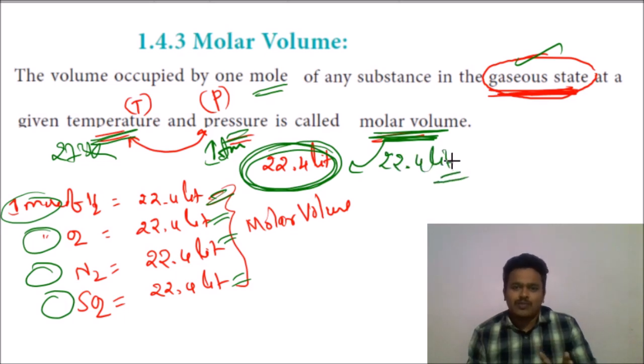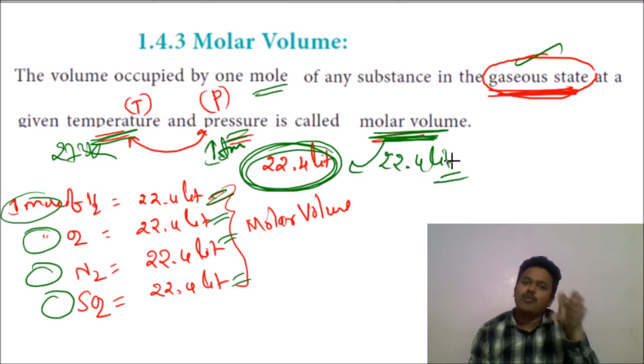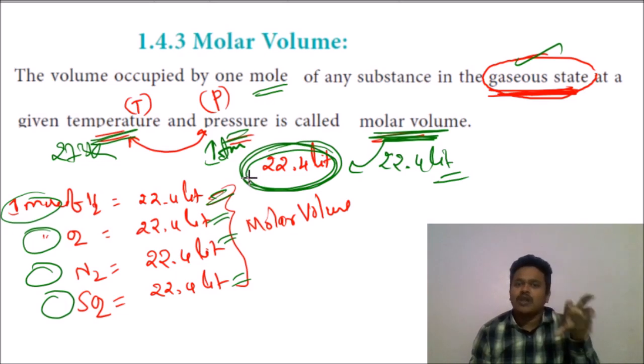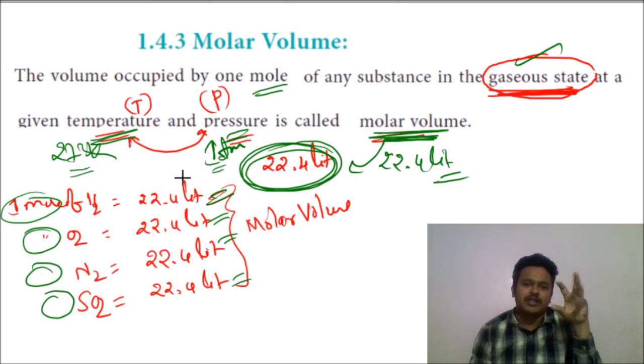Molar volume means the volume occupied by 1 mole of a gaseous substance. Generally at STP conditions the molar volume is 22.4 liters. What are the standard temperature and pressure conditions? 273 Kelvin temperature and 1 atmosphere pressure.